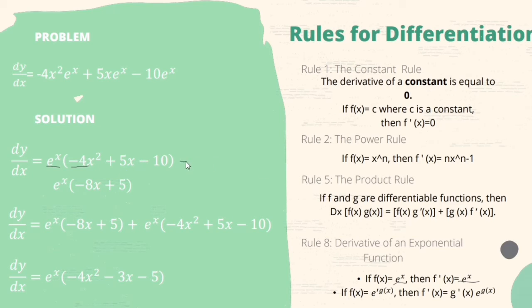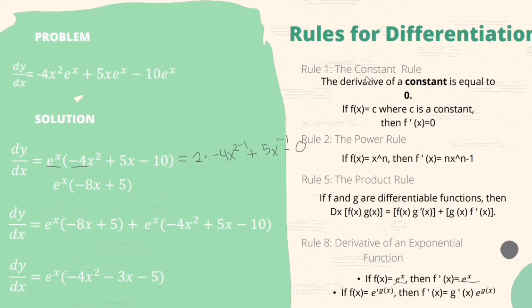So here, negative 4x squared, we process this, that's the exponent times negative 4x squared. We subtract 1 here from the exponent due to the power rule. And after that, we go to 5x. From that, we also subtract 1. The x's exponent is 1, that's minus 1, minus 0.